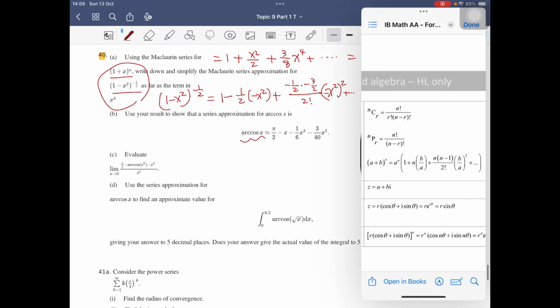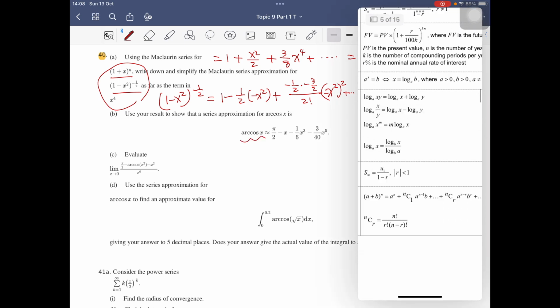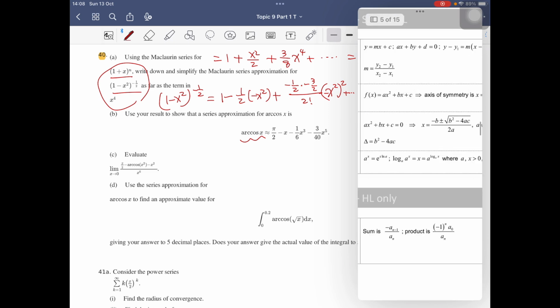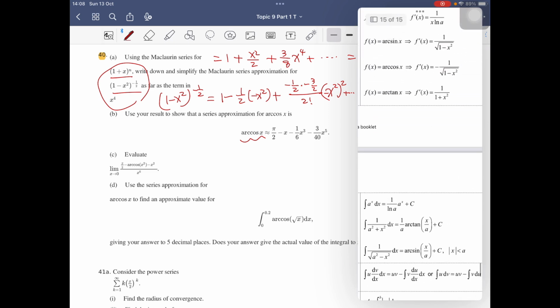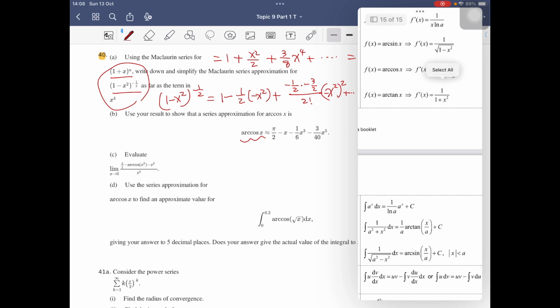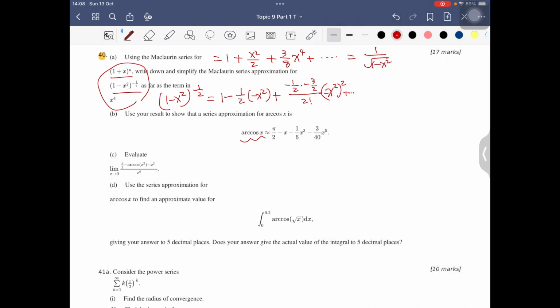Arc cos x has the formula for its derivative: negative 1 over square root of 1 minus x squared. So I will put all the negative signs here. Negative 1 over square root of 1 minus x squared is negative 1, negative x squared, negative 3 over 8.